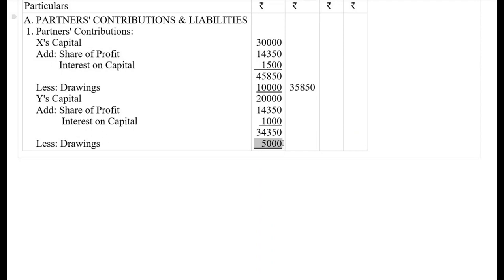So the difference here will be now rupees 30,350.